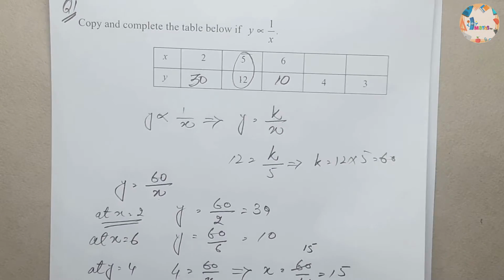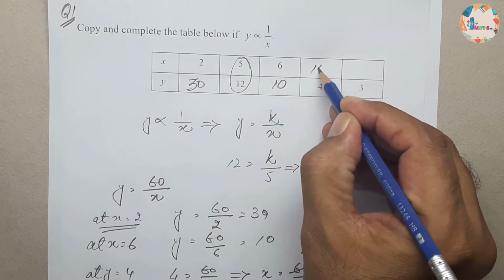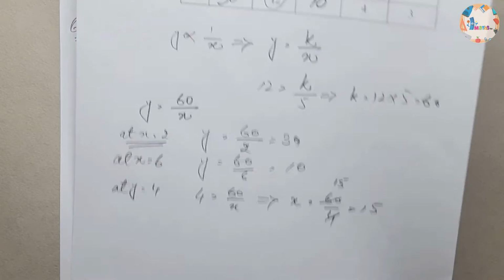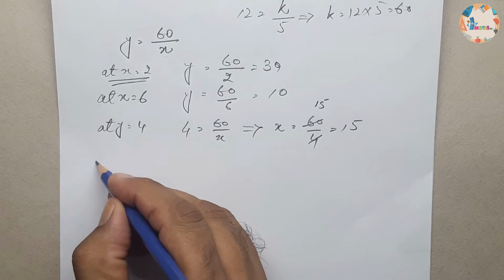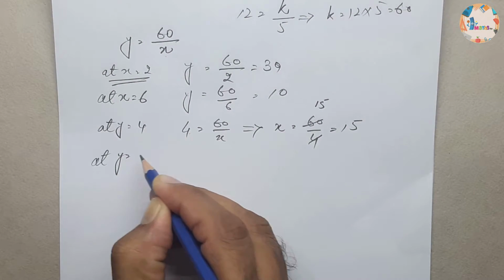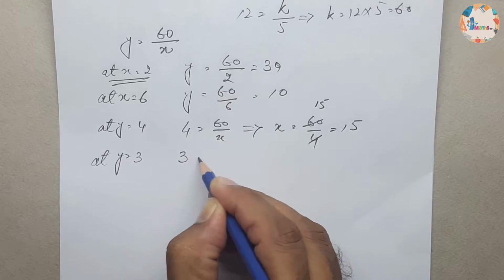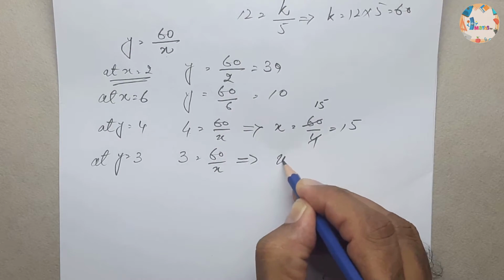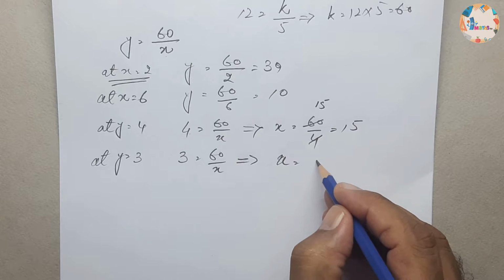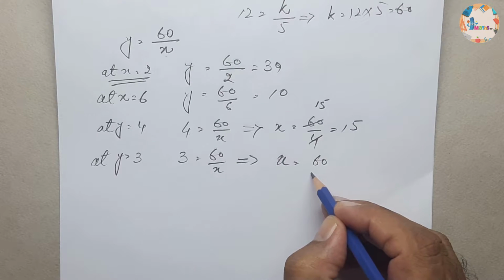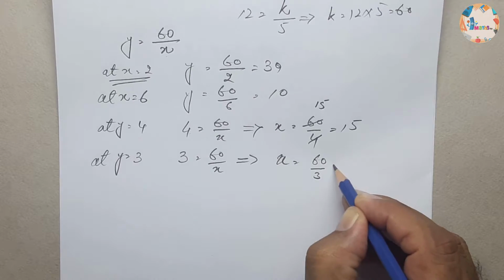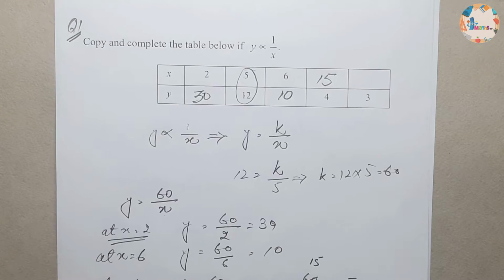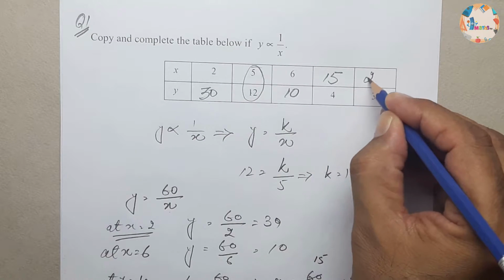Next, y is equal to 3, so we write 3 is equal to 60 over x. This implies x is equal to 60 over 3, which is equal to 20. So x will be equal to 20 in this case.